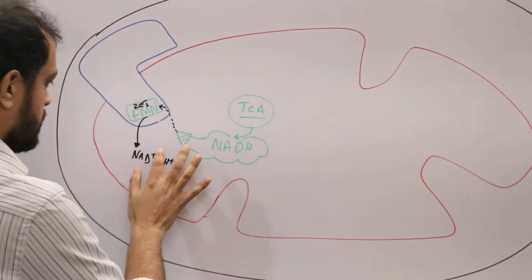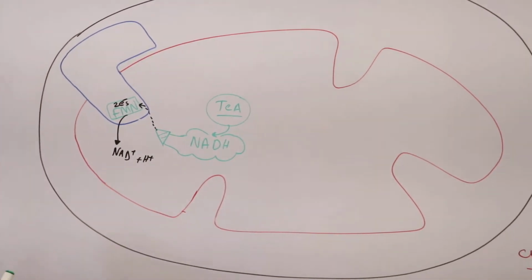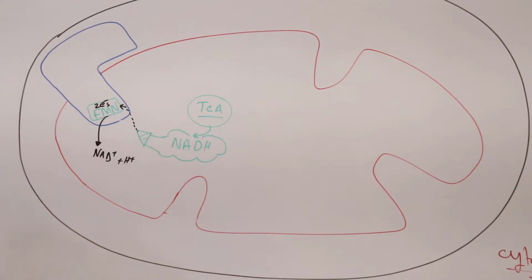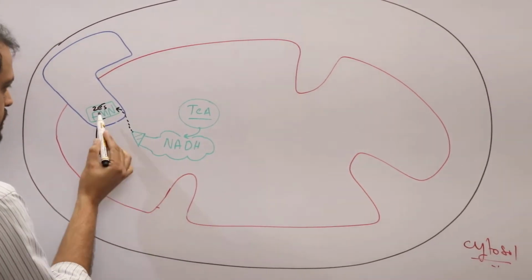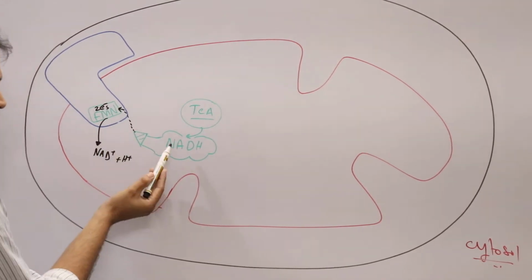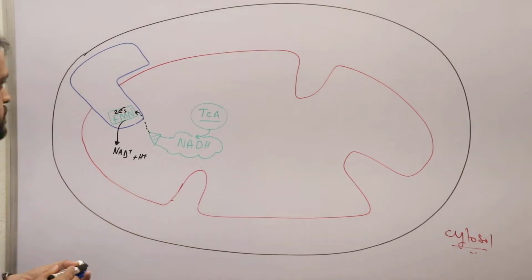NADH will be oxidized and 1 proton will be released. When NADH is giving electrons to FMN, it is oxidized and FMN is reduced.